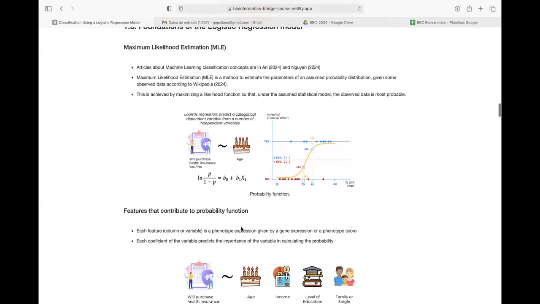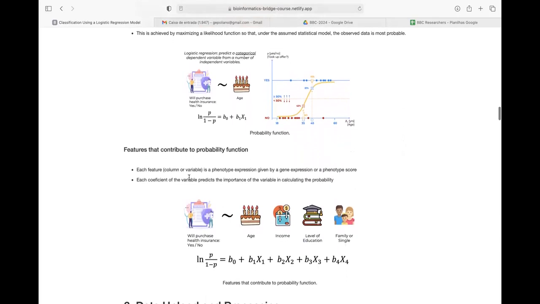So here, you're going to see that each feature, or each column, or each variable is a phenotype expression that is given by the gene expression of the phenotype that we're trying to study. And here basically I'm talking about the columns in the data frame that we studied in the past lectures.